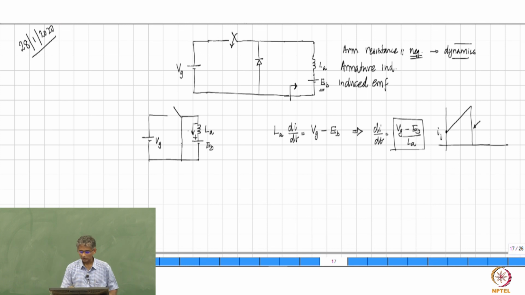right? So now you go to an equation which says LA into di by dt equals, their Vg is now no longer there, so instead of Vg it is now 0 because you have shorted this, 0 minus Eb, which is simply minus Eb.